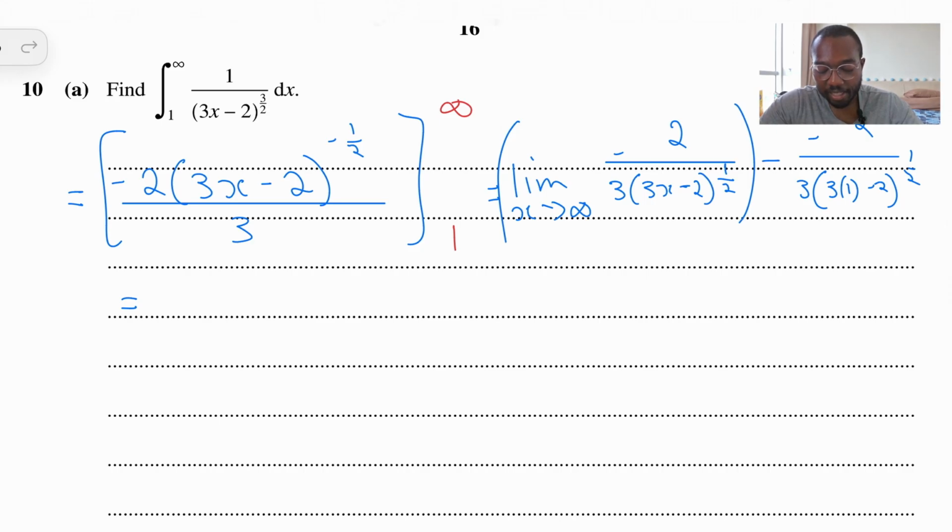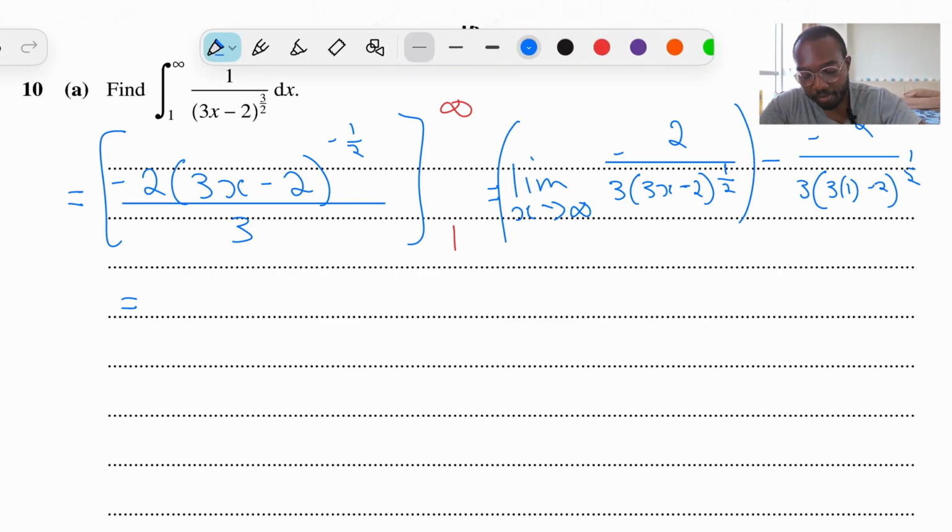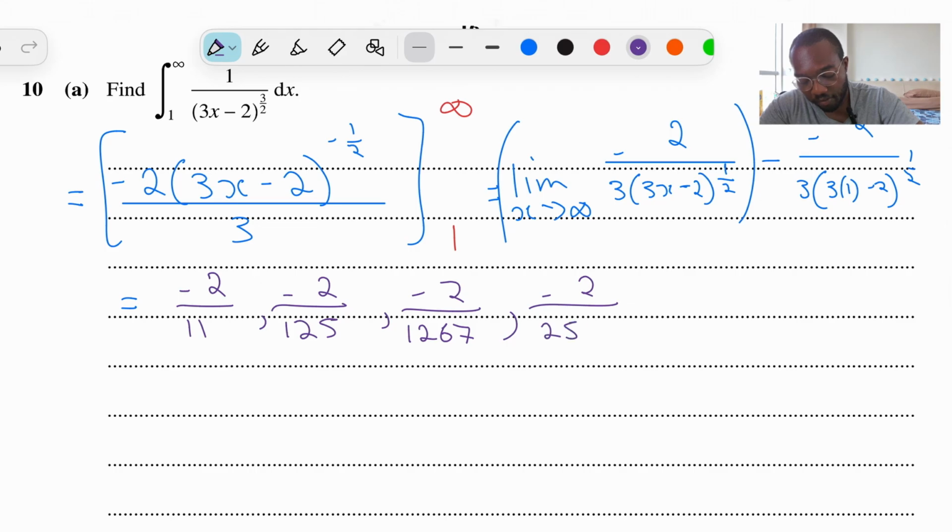If I just give you examples, we could have something like minus 2 over 11, then minus 2 over 125, for example, minus 2 over 1,267, or minus 2 over, I don't know, 2,560.